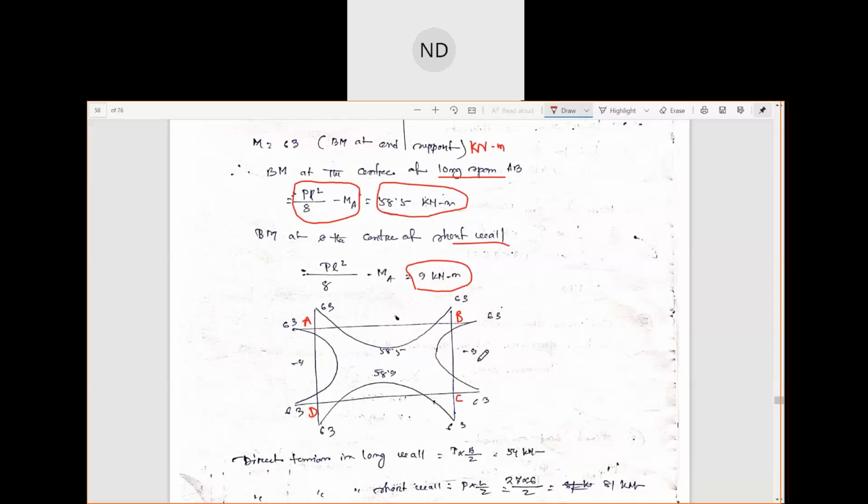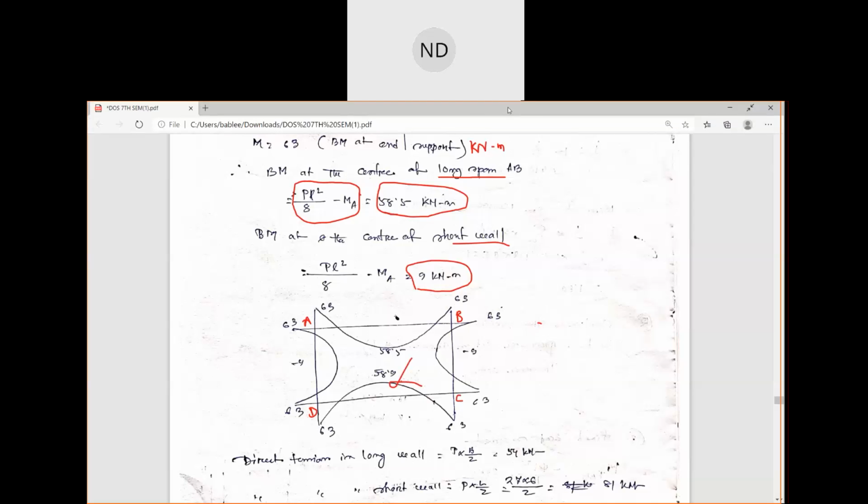Actually, this diagram is a little wrong. Don't follow this. I have to take the annotation here again. Let me draw.